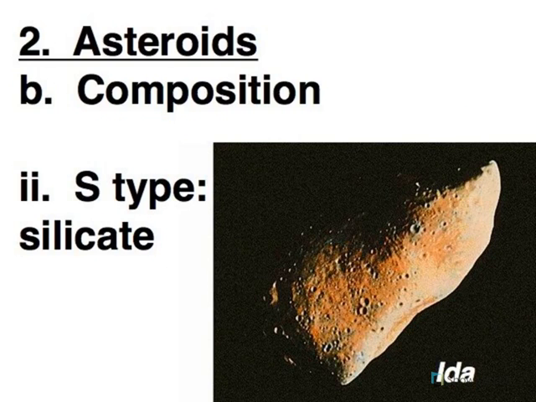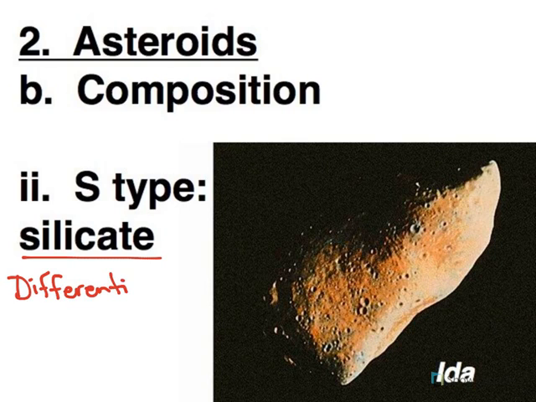S-types, here S stands for silicate. So Ida is an example of an S-type. These are rocky materials. And the thought is that there was once a differentiated object that broke apart.